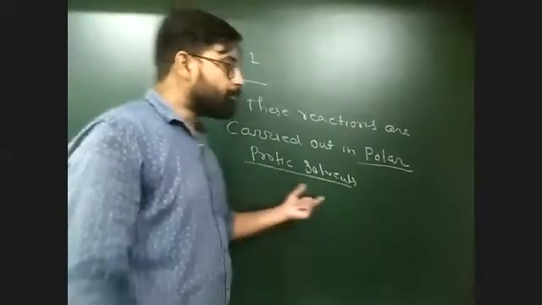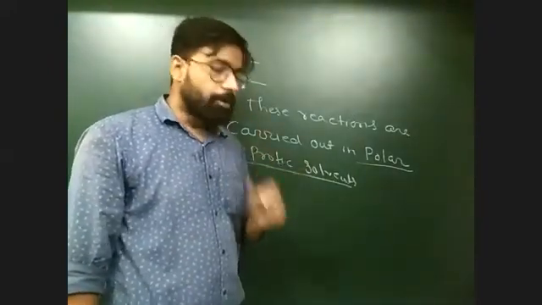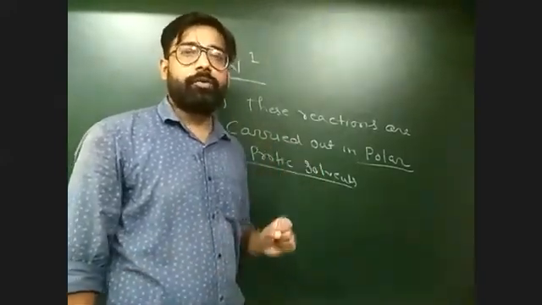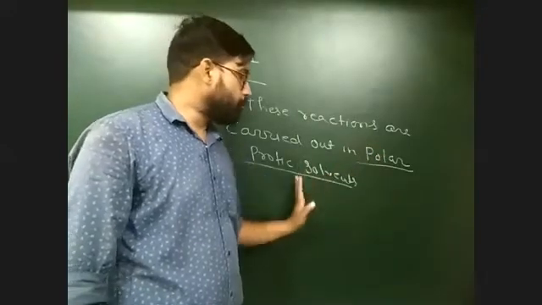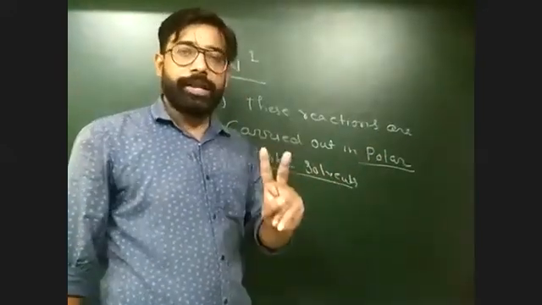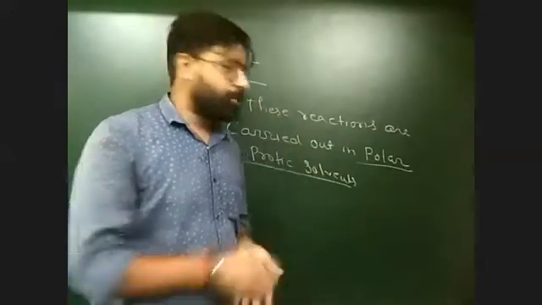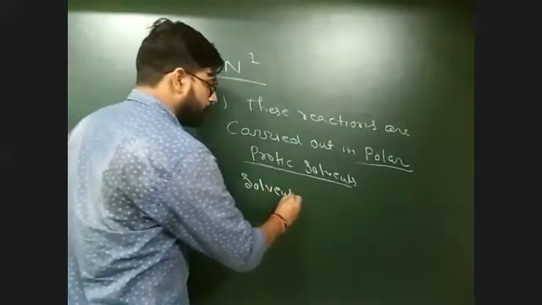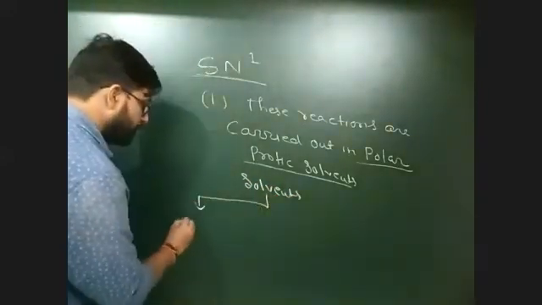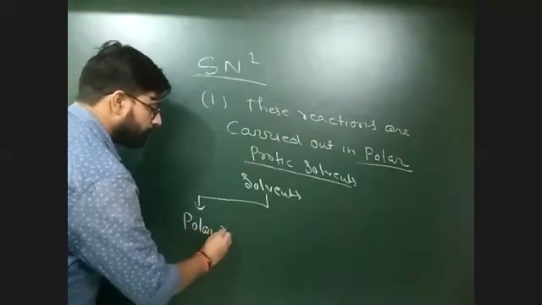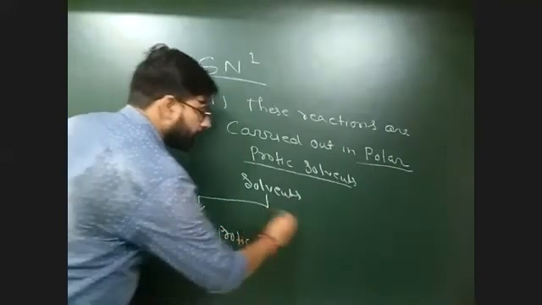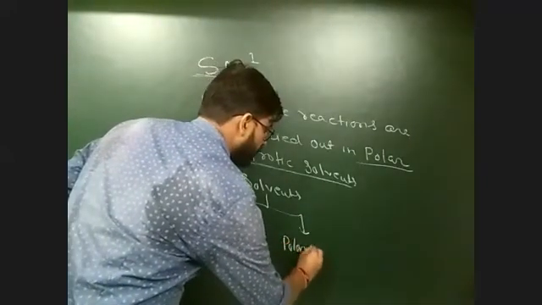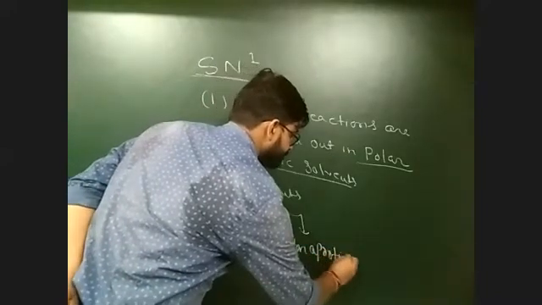What are polar protic solvents? Those solvents which form hydrogen bonding are known as polar protic solvents. Mainly there are two types of solvents: polar protic, and second one is polar aprotic.